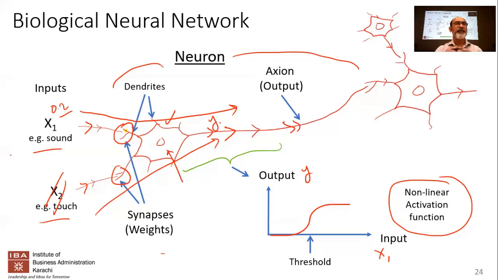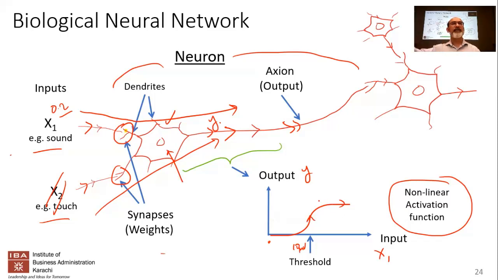But at a certain point, when the signal crosses a certain threshold, for example, if you're thinking about voltage, let's say this is 10 microvolts, I'm just guessing, suppose it's 0 to 10 microvolts. At some point, if that signal becomes strong enough, then all of a sudden the output is going to jump.